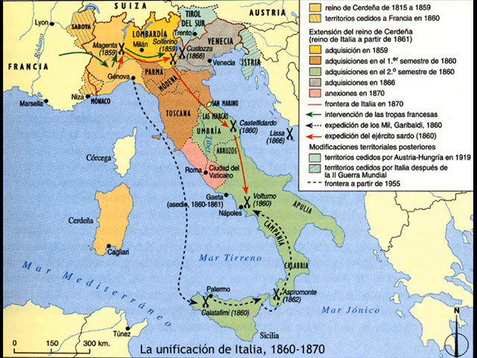The Italian Unification. The Italian Unification was a political and social movement that agglomerated different states of the Italian peninsula into the single state of Italy in the 19th century.